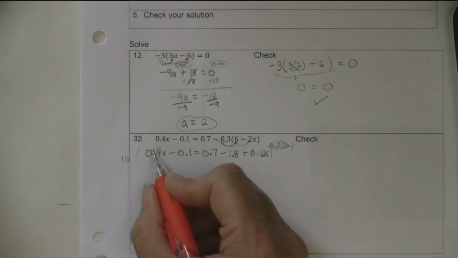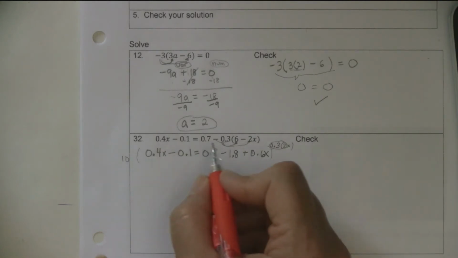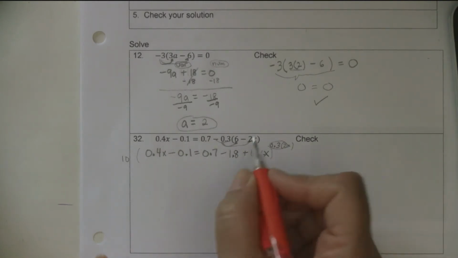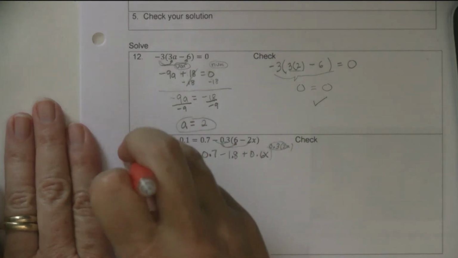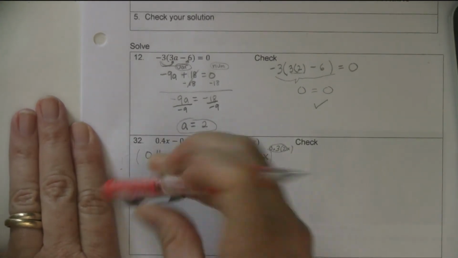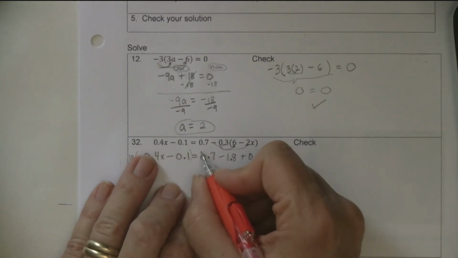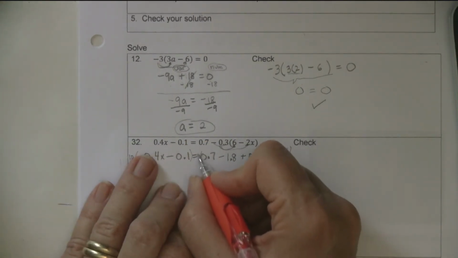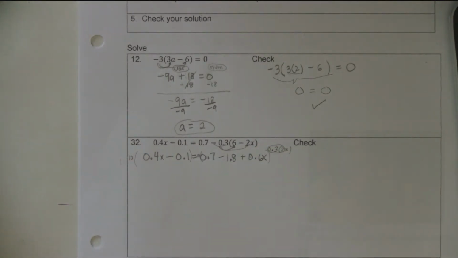So this is going to go times 10, times 10, times 10, times 10, times 10. What makes it legal is that I'm multiplying that side of the equation by 10, and I'm multiplying this side of the equation, I don't have room to write it, but times 10. And so that's what makes it legal, is that I'm doing it to both sides of the equation.